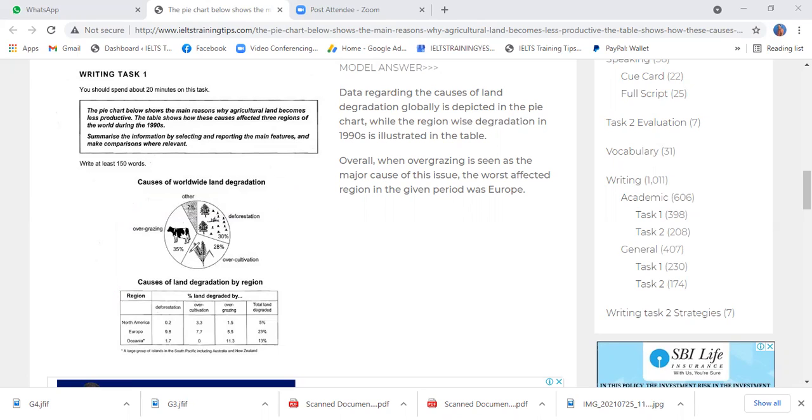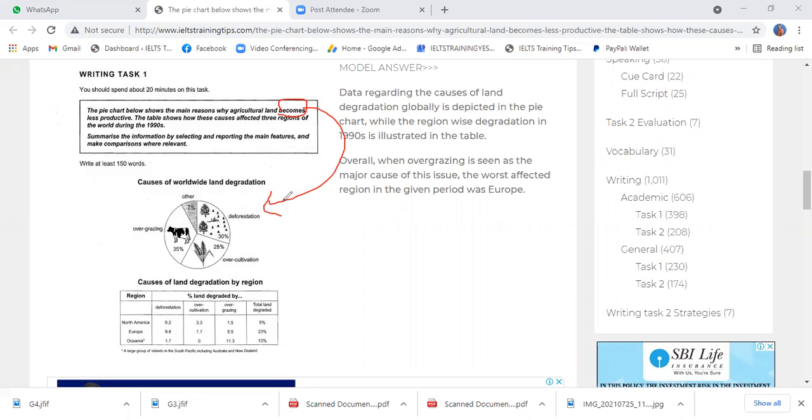Okay, this is what I was just pointing out. Now I have to see the pie chart. This pie chart below shows the main reasons why agricultural land becomes less productive. So becomes less productive, it means it is present tense. Why do agricultural lands become less productive?